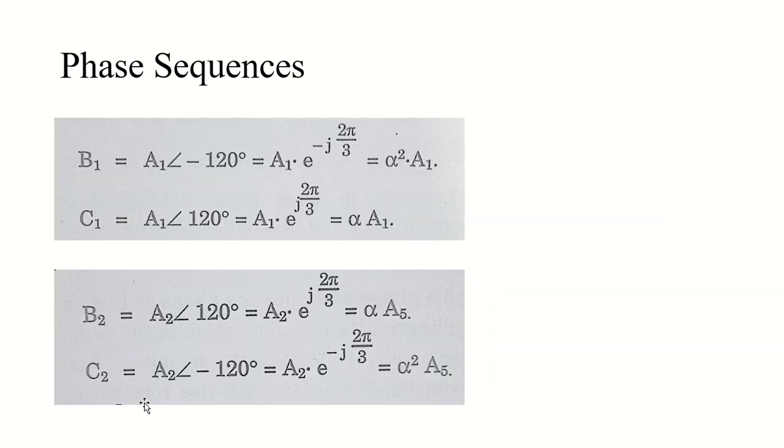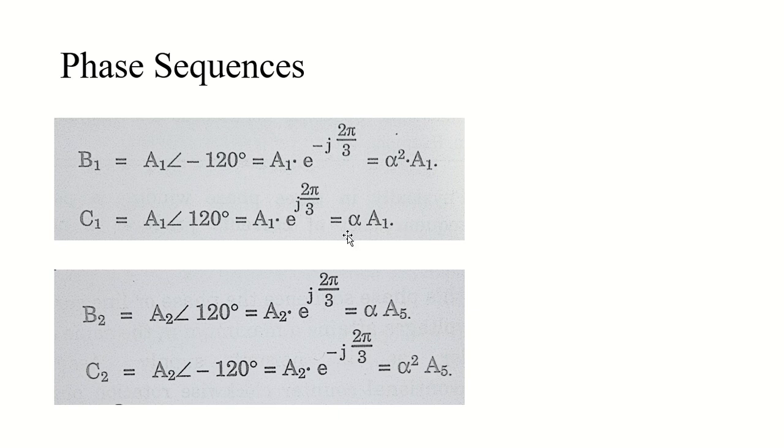So c2 will be equal to a2 angle minus 120 degrees, which will be equal to a2 into e raised to minus j 2 pi divided by 3, which will be equal to alpha square into a2. So remember, did you notice one pattern here? Whenever you have a negative sign here, you are getting alpha square, and whenever there is no negative sign, you are only getting alpha.